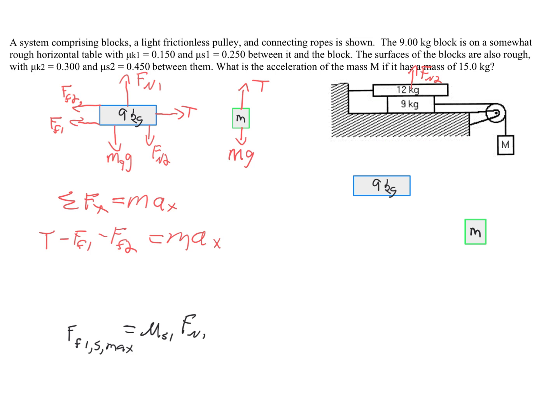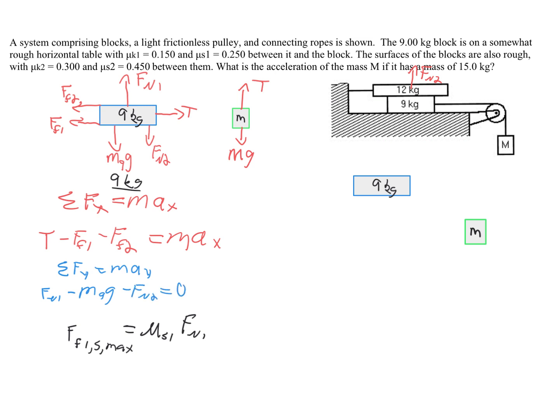And for normal force 1, if we do the sum of the forces in the y direction for the 9 kilogram block, so keep in mind all of what we're seeing here is for the 9 kilogram block, sum of the forces in the y direction equals may, we would have Fn1 minus mg minus Fn2 equals 0.